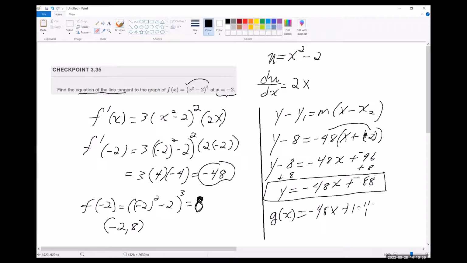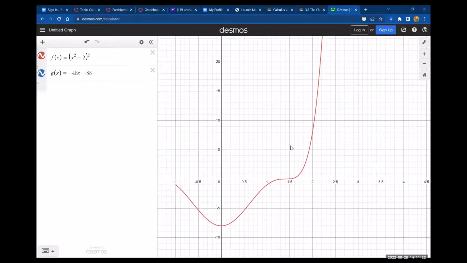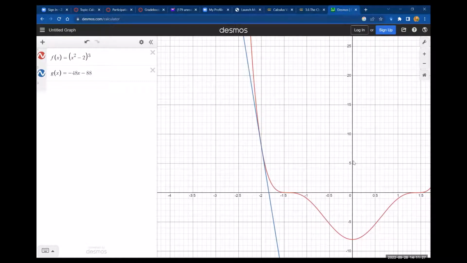So let's try that. So let's make that change. Let's scoot this over and there we go. Now you see that it is indeed the tangent line. So as I said, sometimes the graphs will help you catch where your mistakes are.